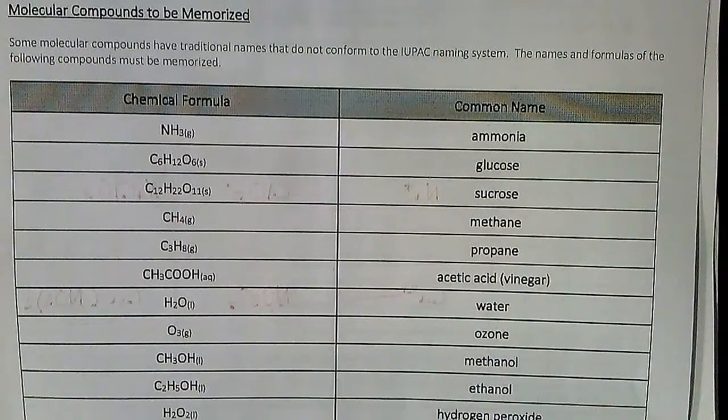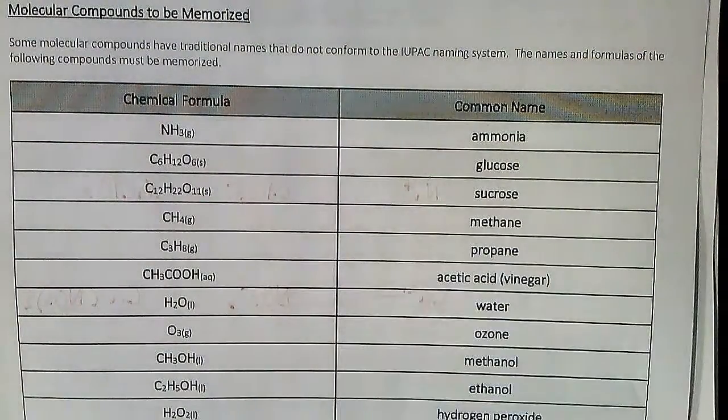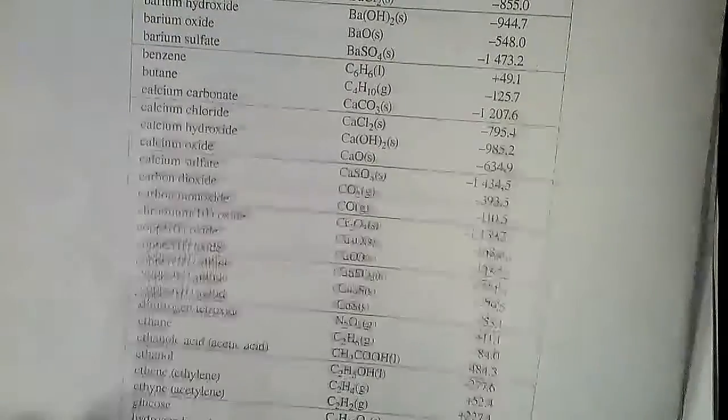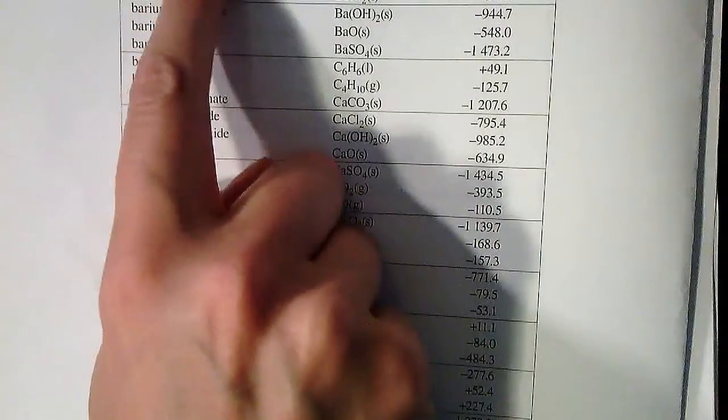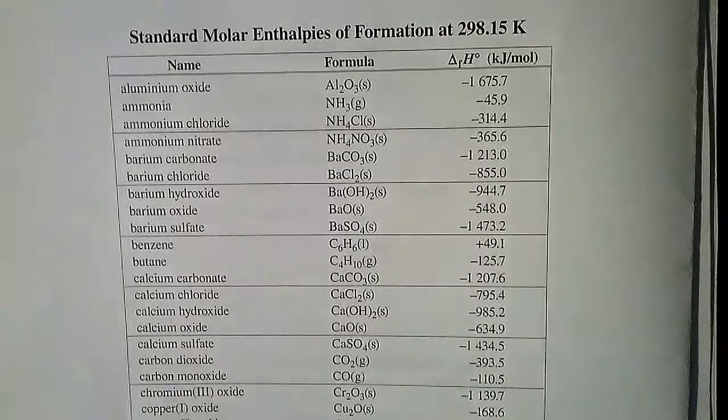Now the nice thing is your data booklet does have all of these compounds in a list. So here's ammonia, for example, it's NH3. So if you forget them, they're all there, but you need to know to look for it.